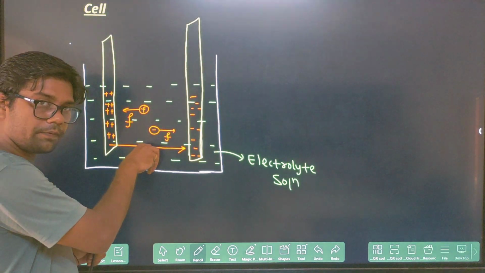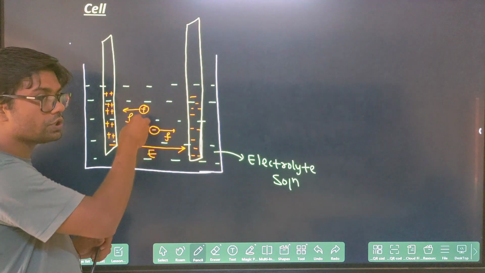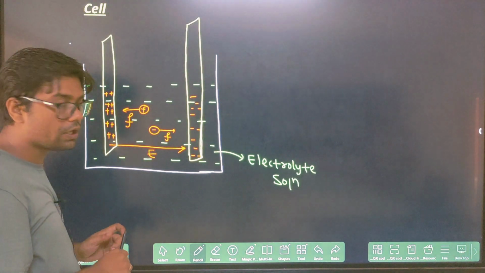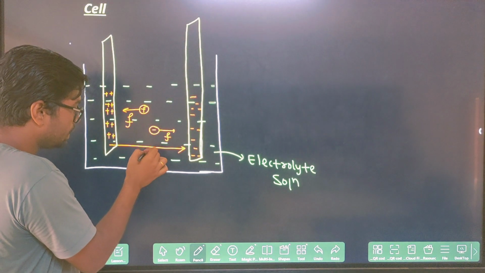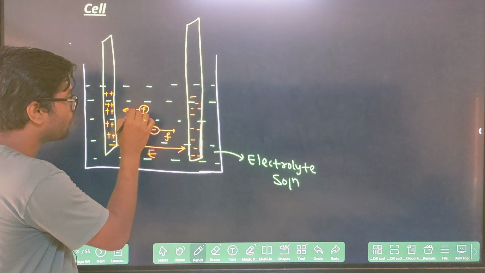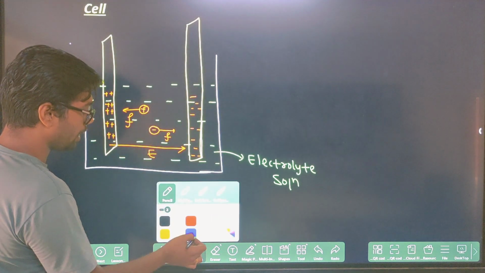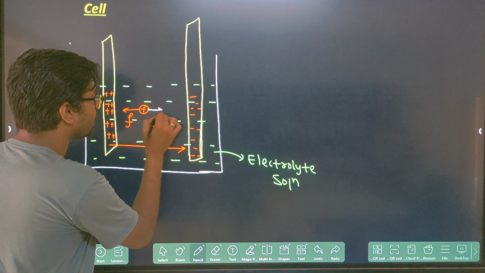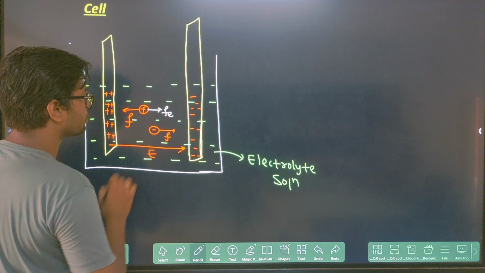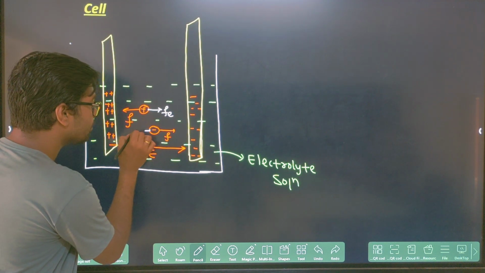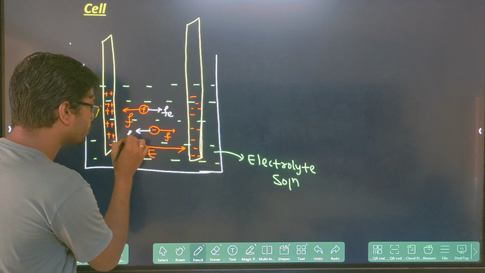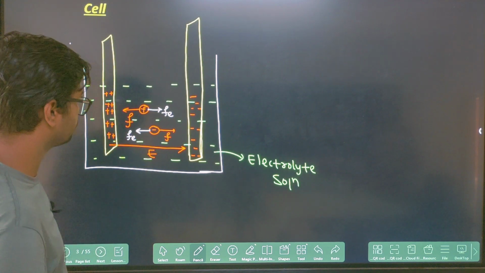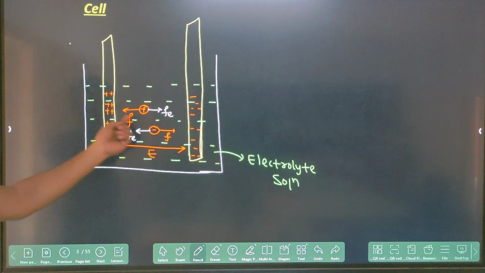Now this electric field opposes the motion of the positive and negative ions, because with this electric field, the force on the positive ion will be along this direction. That is your electric force. For the negative ion, the force will be in the opposite direction. Clear?